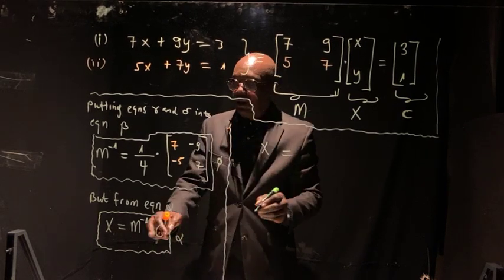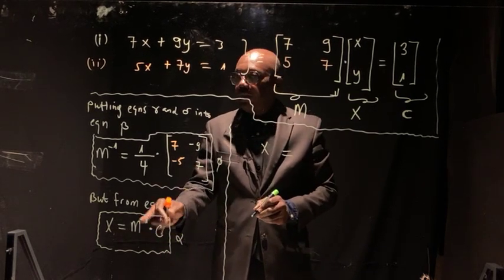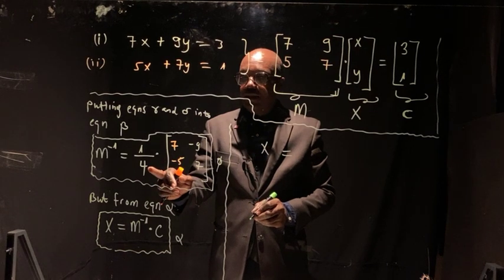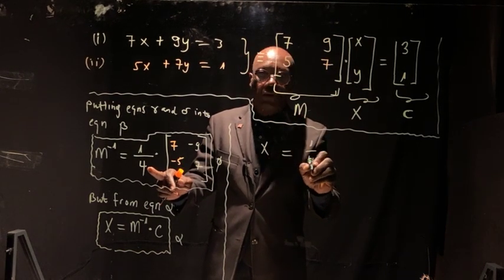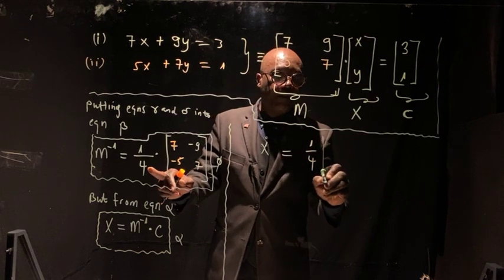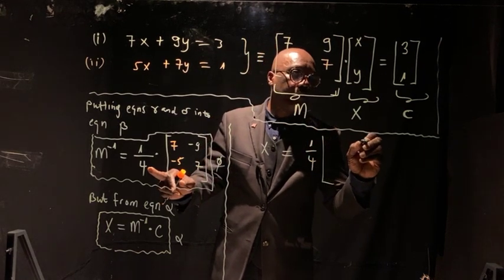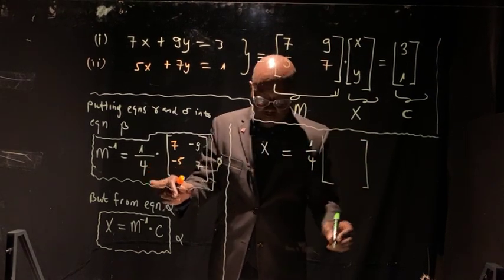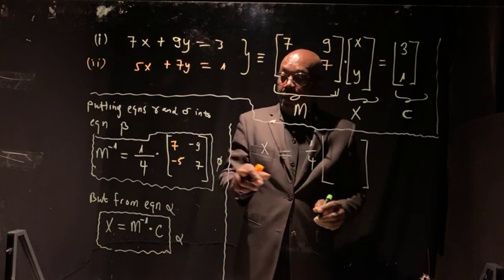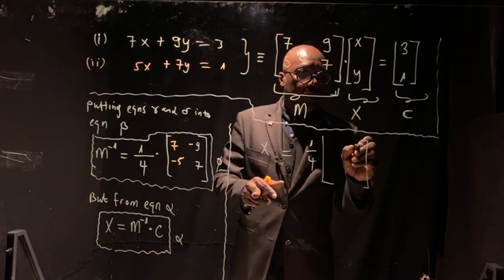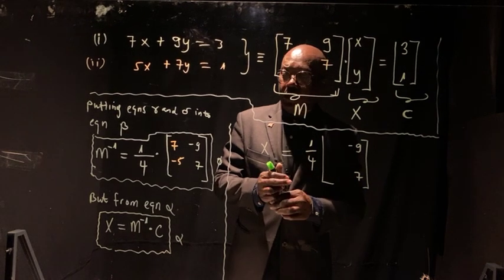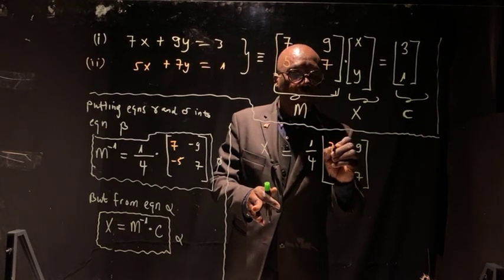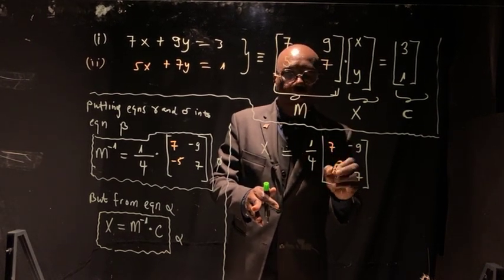So equation alpha now becomes X equal to the inverse of matrix M. We see that it is equation 5, so it is 1 over 4, and then we have here minus 9, and here we have 7, and here we have 7, and here we have minus 5.